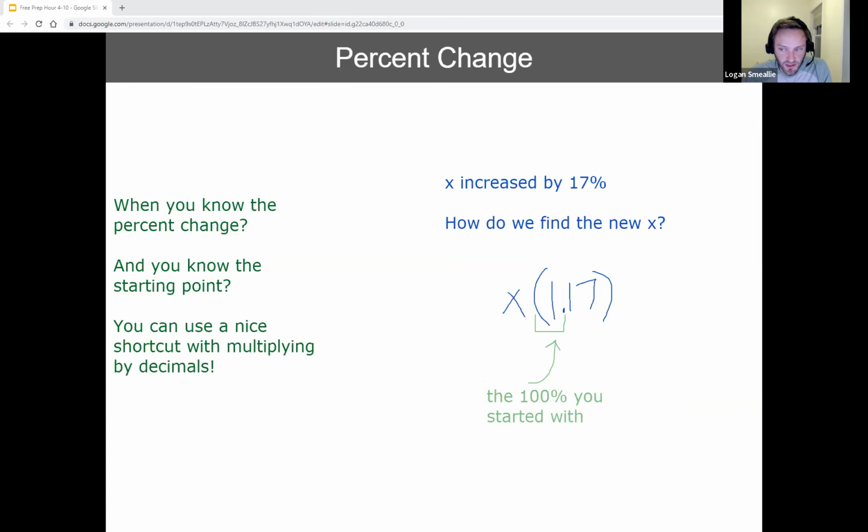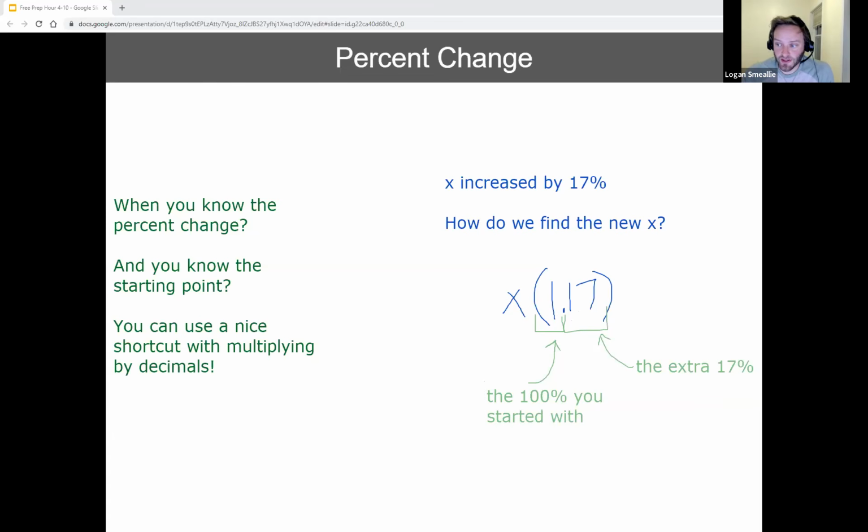The 0.17 is the most efficient way to add the extra 17%. So just taking your starting point and multiplying it by a decimal conversion of the percentage is a really, really good move.